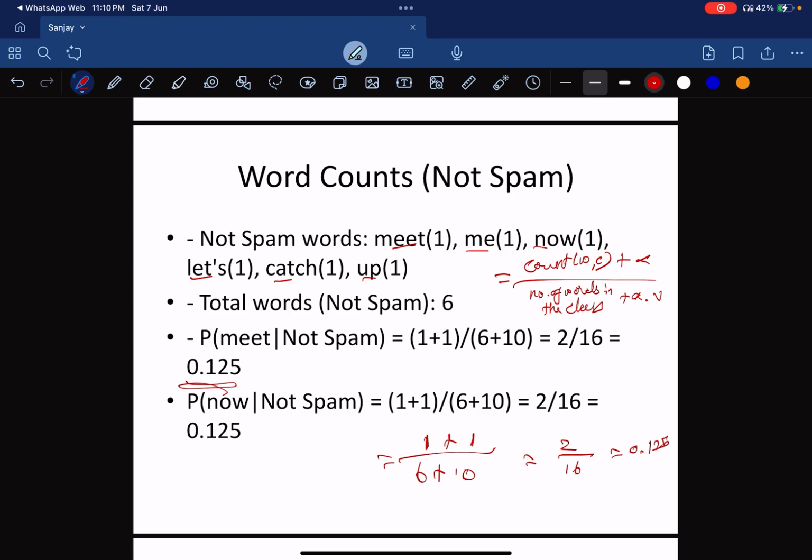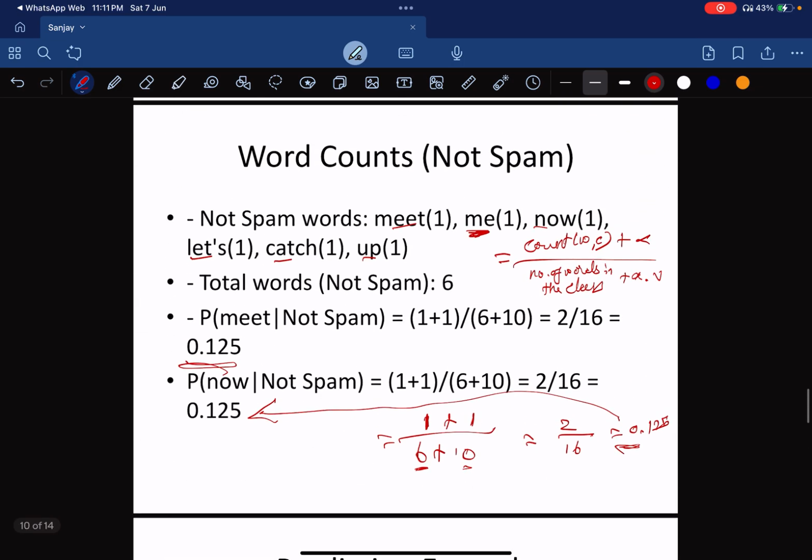Similarly for the other word, it also occurs only one time in that class, so the same calculation applies: 1 plus alpha divided by the total number of words in that class plus the vocabulary, the total number of words in the entire data set. This probability is also 0.125. In this case, all the words in this class will have the same probability. If there is a frequency mismatch, then the probability also differs.